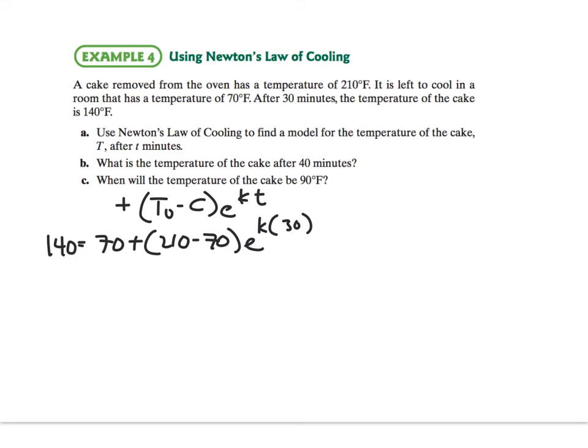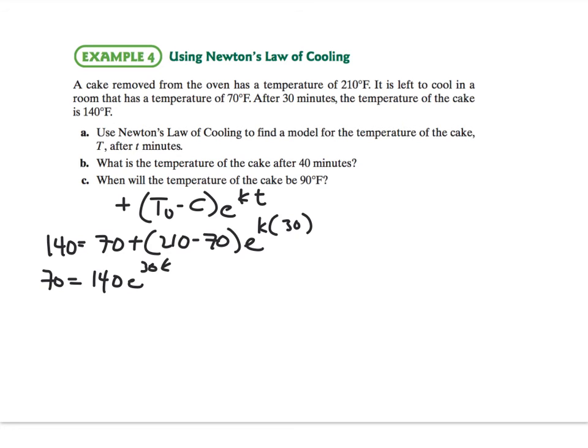So we're going to quickly do some algebra here. On the left-hand side, if I move over the 70, it becomes 70. 210 minus 70 is 140, and that's e to the 30k. And then we can use the process we've learned in the past, and hopefully you see the pattern by now.